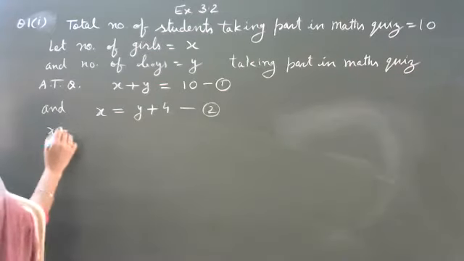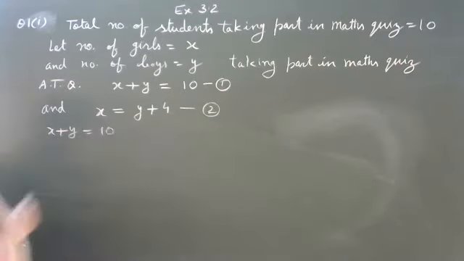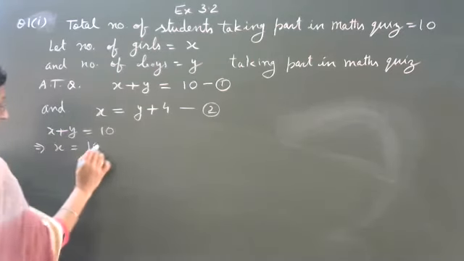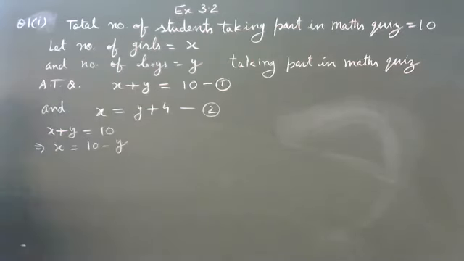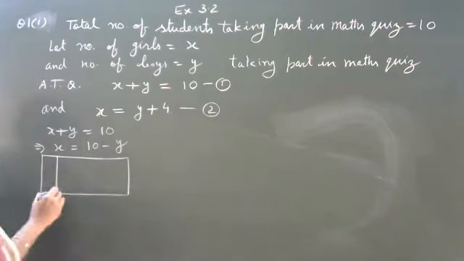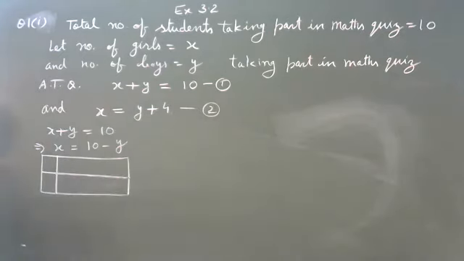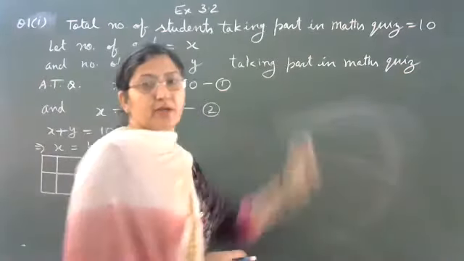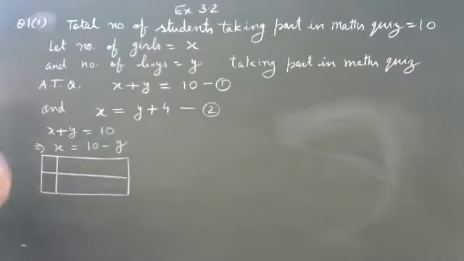For equation 1, which implies x is equal to 10 minus y. Try to take positive values because the number of students will always be positive. So when you plot the graph, your answer should be in the first quadrant. So here x and here y.